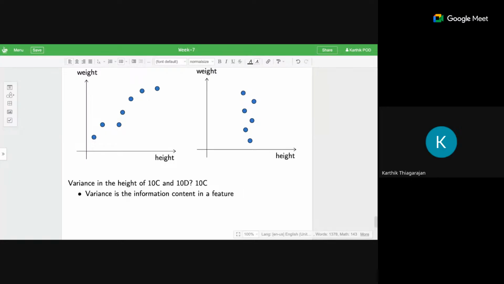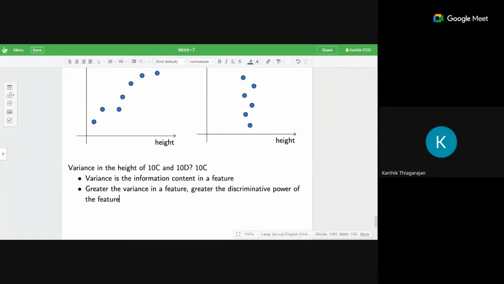The more the variance, the greater the information that the feature can give. By the way, weight and height are features. So the greater the variance in a feature, the greater the discriminative power of that feature.